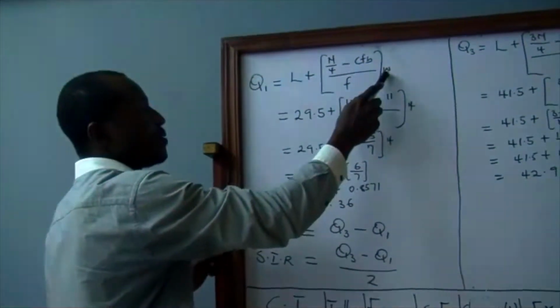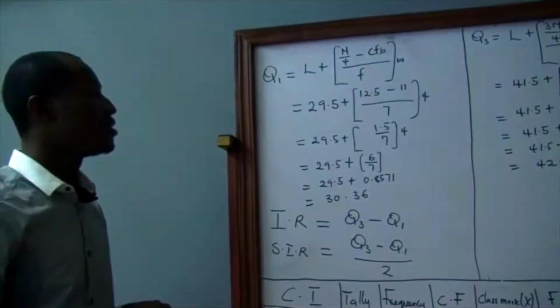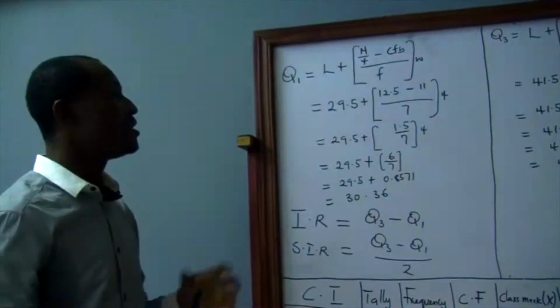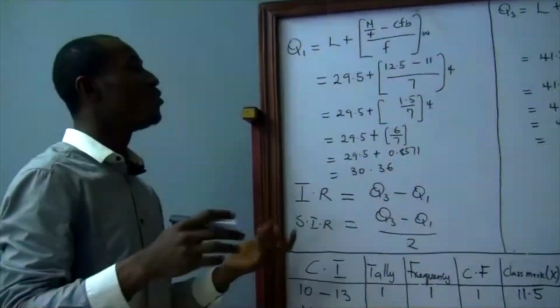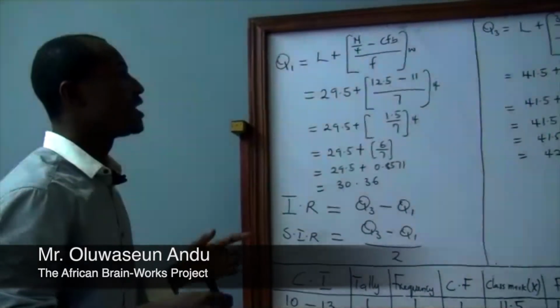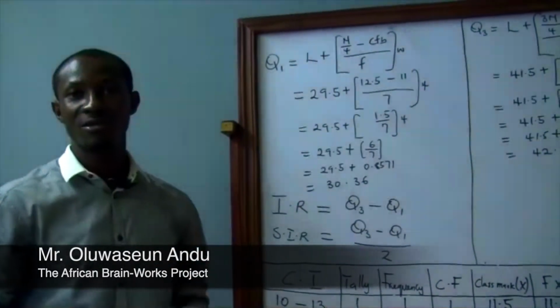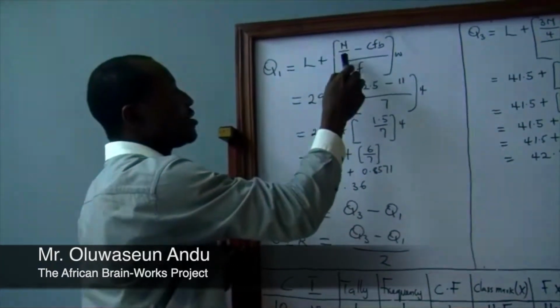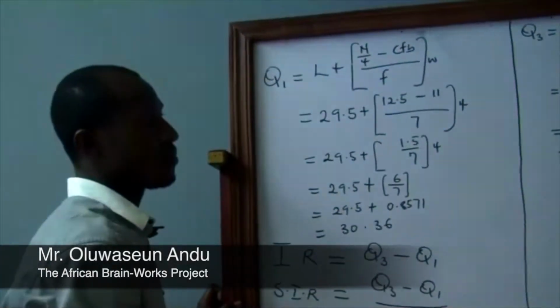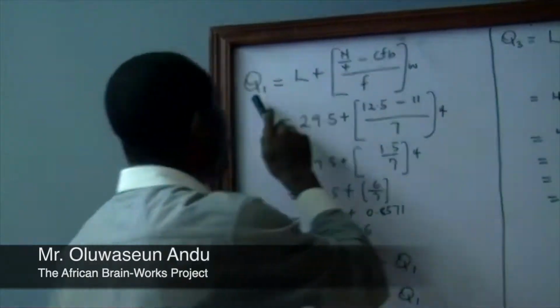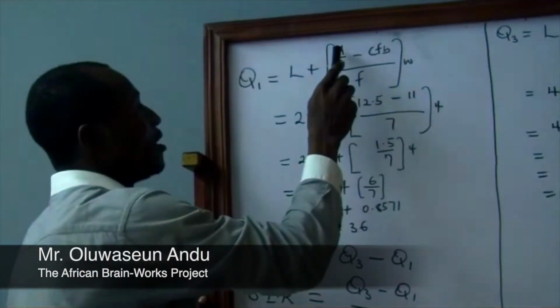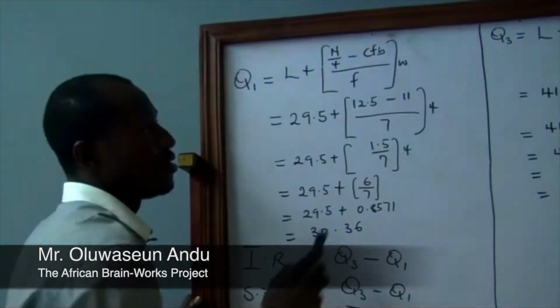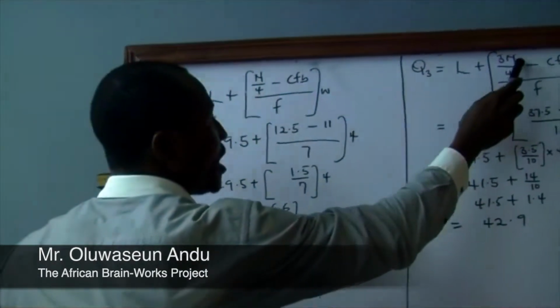Close the bracket, multiply by class width. So if we connect the median, the quartile, even the mode with this, realize that the formulas actually look alike. And the only difference is actually the position. For the median, we had n over 2. For the Q1, we have n over 4. For the Q3, we have 3n over 4.